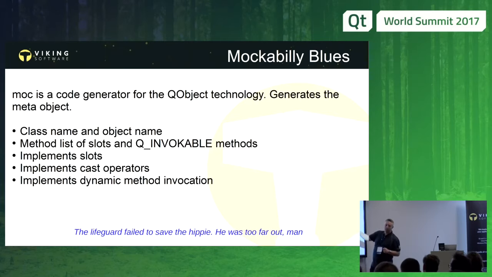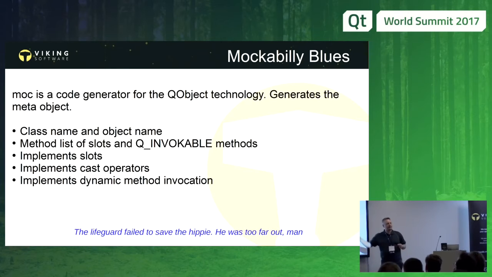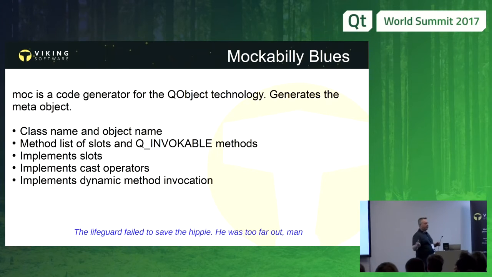Now, this says here that it implements slots. That's obviously wrong. It should have said implements signals, because moc cannot know what a slot should do. When the button was clicked, now I need to do something about it. That's your decision. What happens in a slot stays in a slot. It's whatever you decide should happen when the action the user did or this came in from the network.